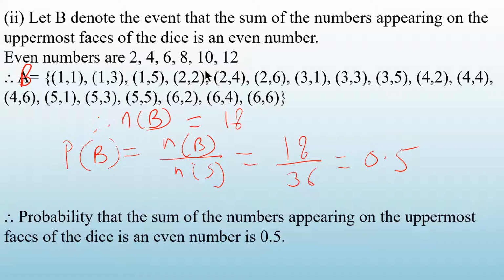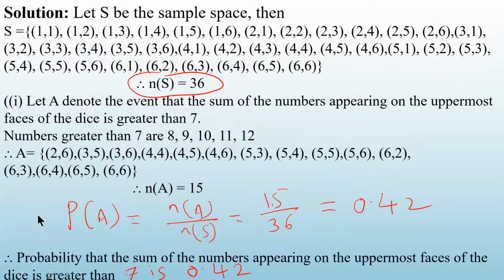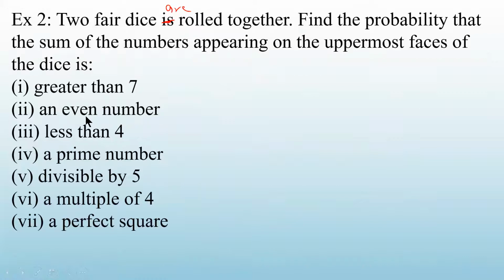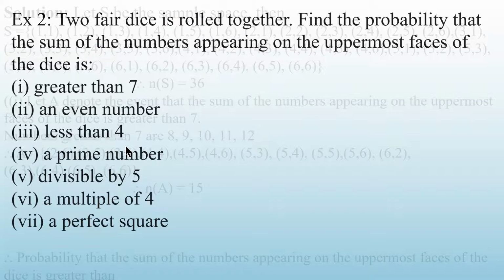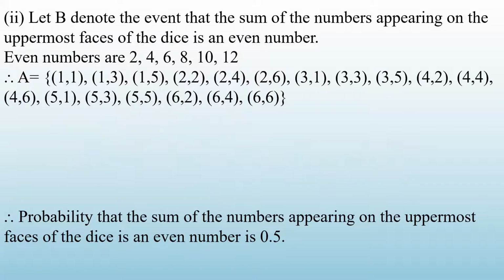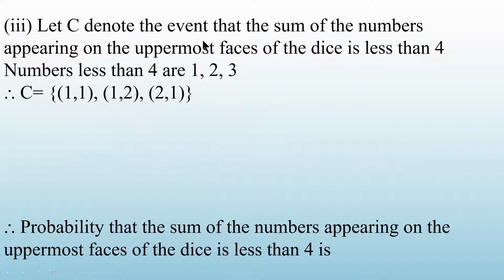Look at what the next problem is. The sum should be less than 4. Okay. So let us call that event C. Let C denote the event that the sum of the numbers appearing on the uppermost faces of the dice is less than 4.